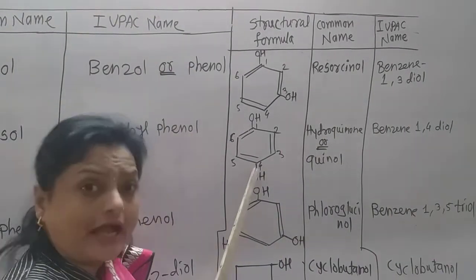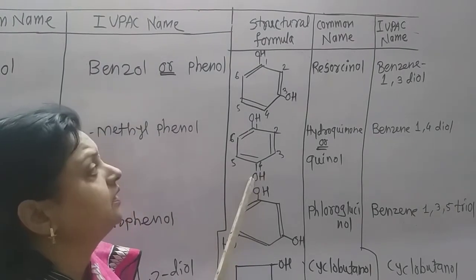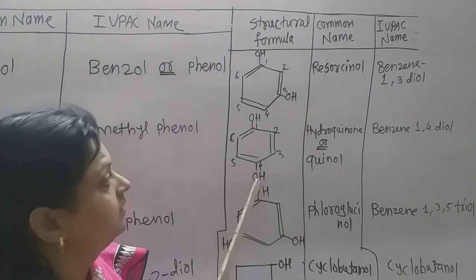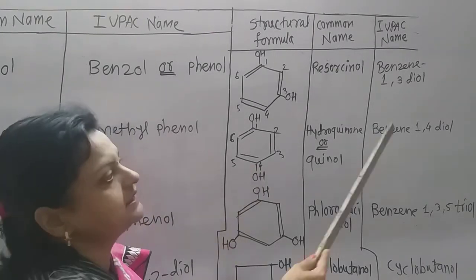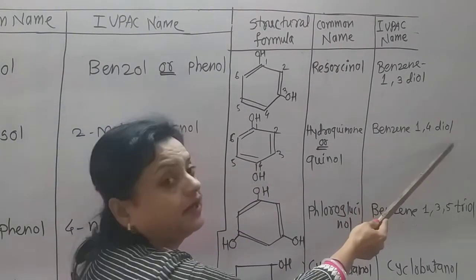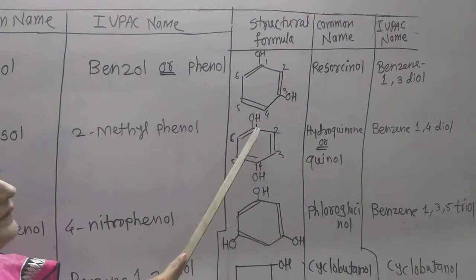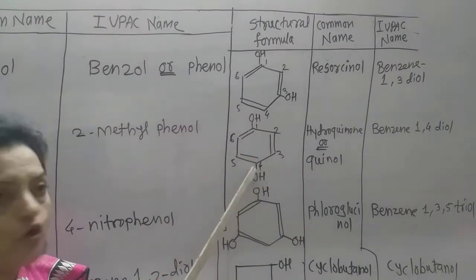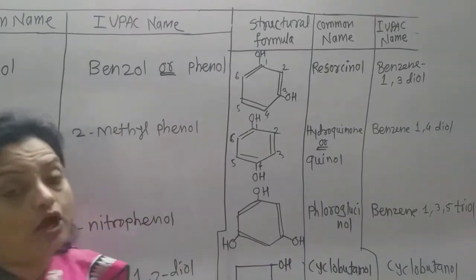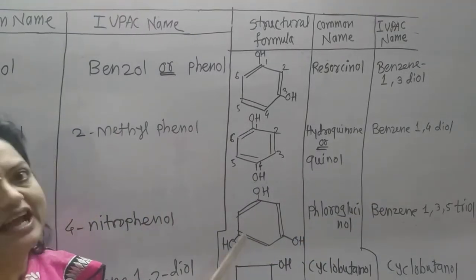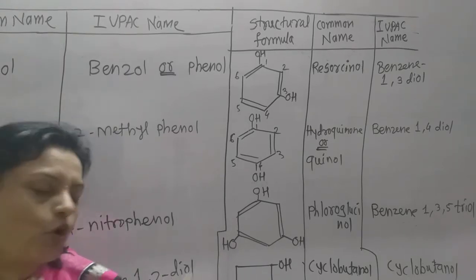Now, by the IUPAC name system, the name of this alcohol having two OH groups is benzene-1,4-diol, because the numbering is from this side, 1, 2, 3, 4. Now these are the triols, as in alcohols.